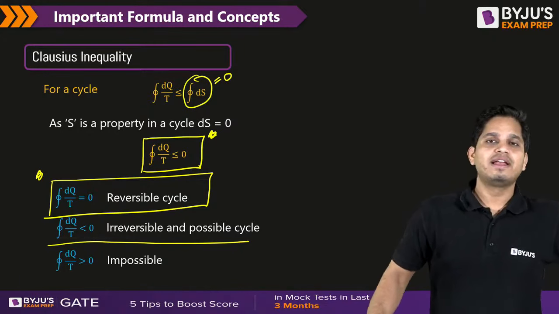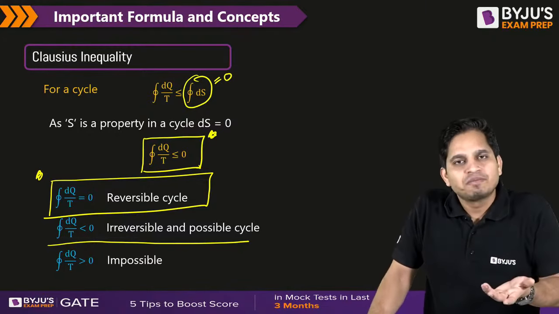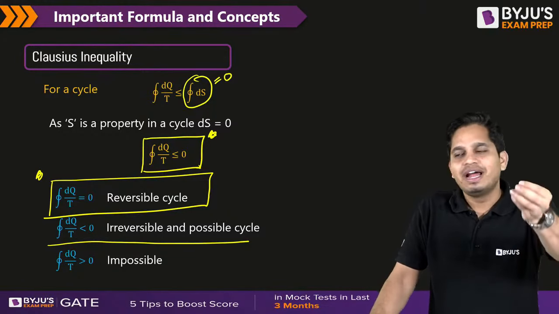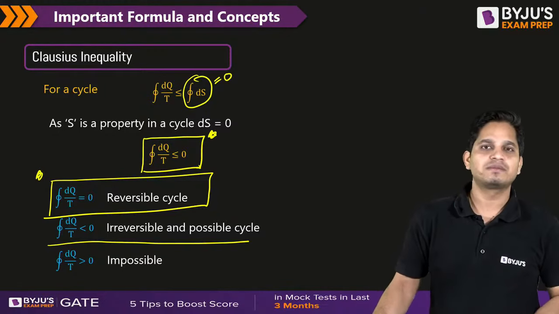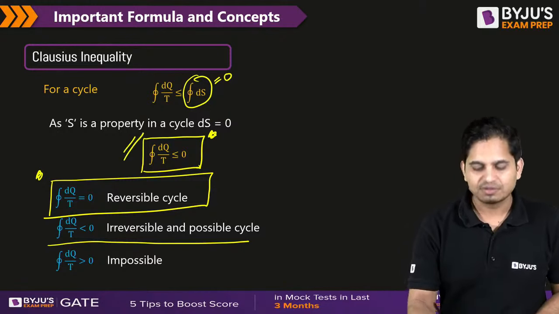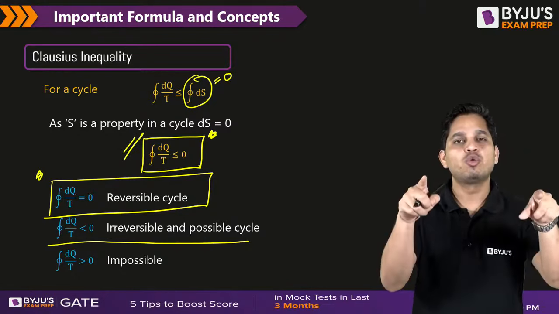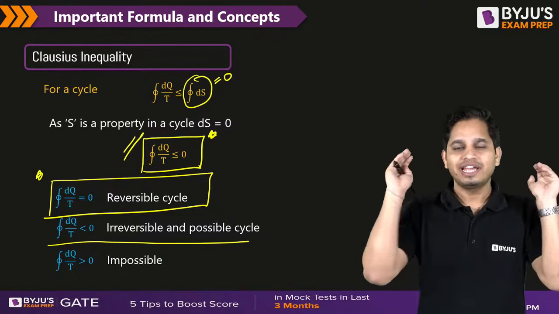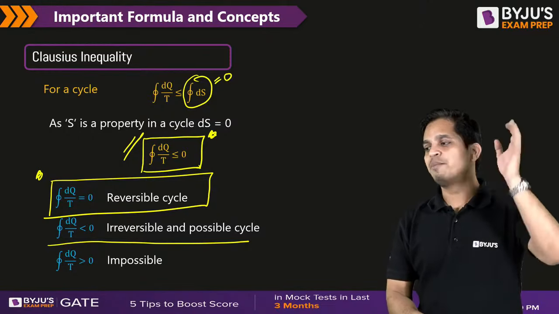Why is this condition there? If I give you a device, saying that this device is taking this much heat and providing this much work at this temperature, you apply this and see if it is satisfying it. Then you can say this device is possible. If it is not satisfying this criteria, then that device is impossible.